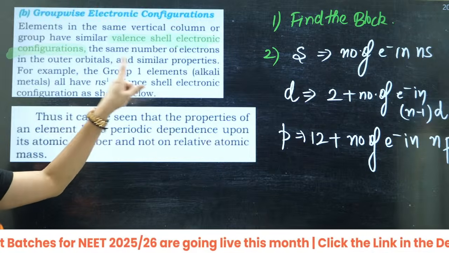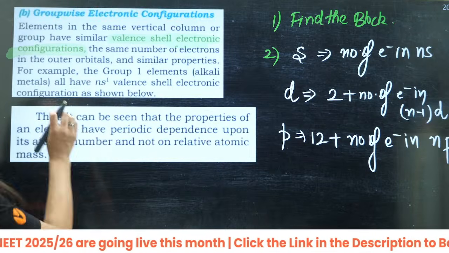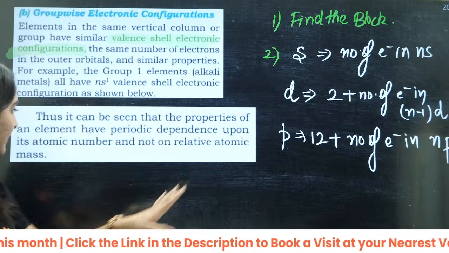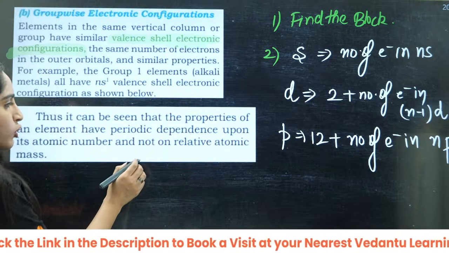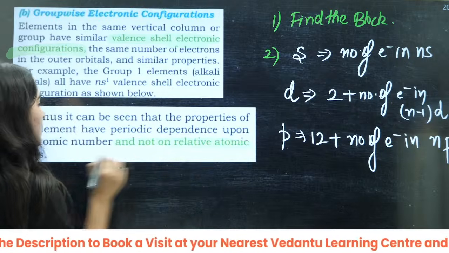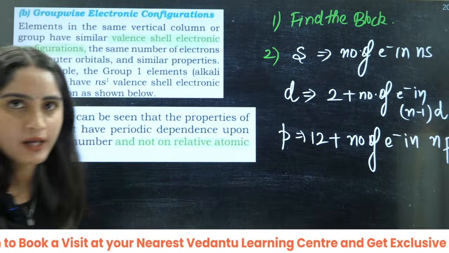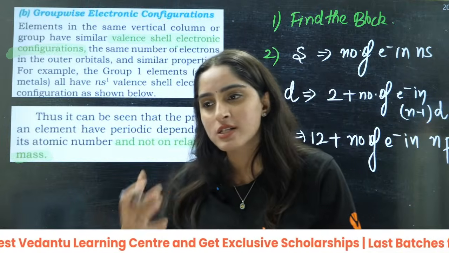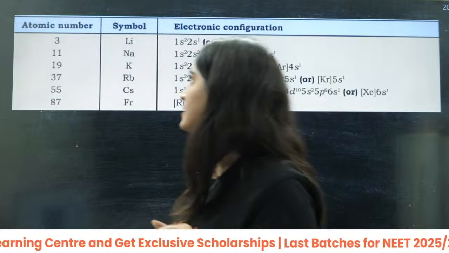For example, group number 1 will always have ns1. Thus, it can be seen that properties of elements have periodic dependence upon their atomic number, not on the atomic masses. Okay, so groups are based on the atomic number. That is why the periodicity is based on the atomic numbers here.